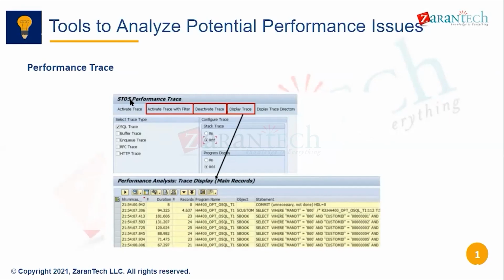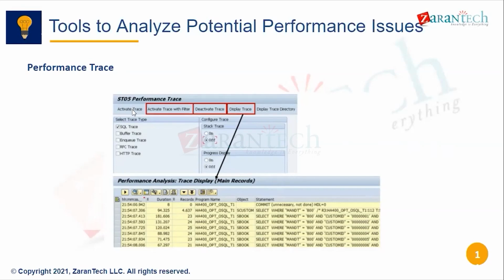This is how we generally do a performance trace. Go to ST05 and execute the trace. You want the SQL trace, so select that, and you can activate the trace with filter. What happens is, if you are trying to put this trace on a production system just to identify the real-time performance of a report, and let's say 100-plus users are logged into your production system, then the trace of all those 100-plus users will be taken into consideration.